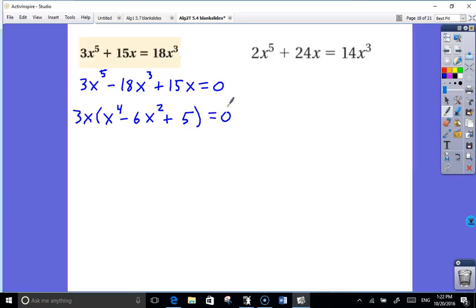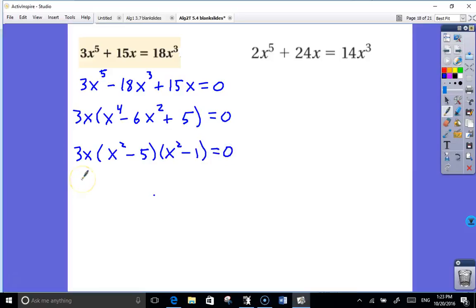And again, you should recognize that pattern: okay, this is going to be a quadratic form. What are the factors of 5 that add up to negative 6? Negative 5, negative 1. So we're going to write 3x times x squared minus 5 times x squared minus 1.